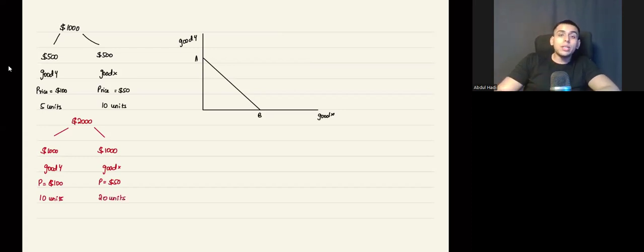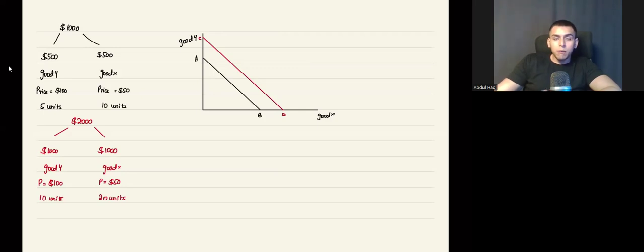Due to the increase in my income, I'm able to afford more of good Y as well as good X. My purchasing power is increasing for both, which means my budget line will shift rightwards from AB to CD. It is not rising solely for good X or solely for good Y; it is rising for both.